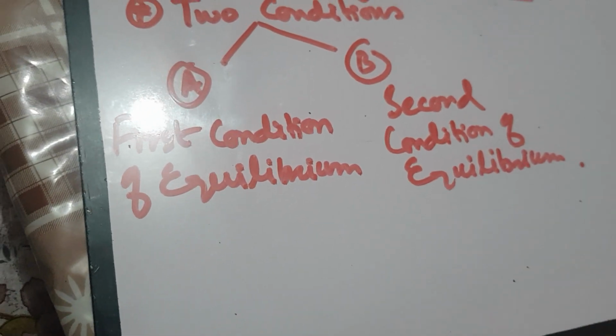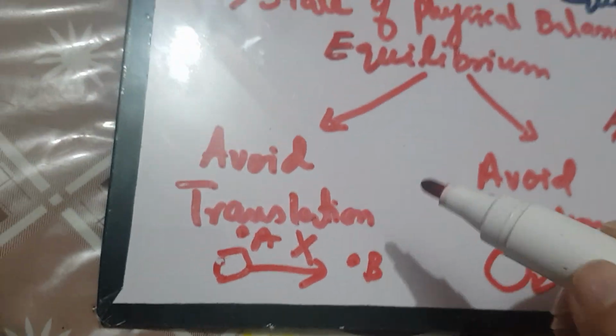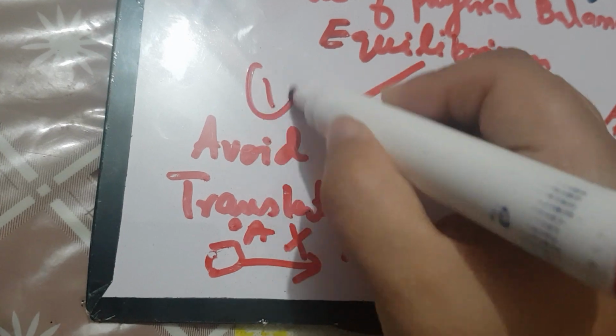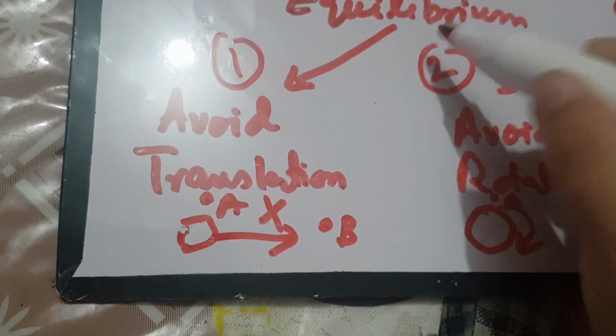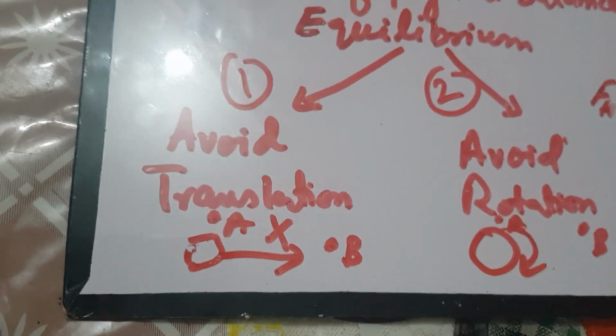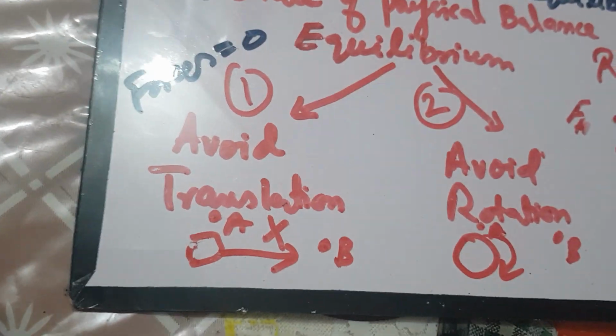Keep in mind there is a very straightforward rule here. Avoid translation: this is actually the first condition of equilibrium, and avoid rotation: this is actually the second condition of equilibrium. In the first condition of equilibrium, we will use the word forces. Forces should be equal to 0.